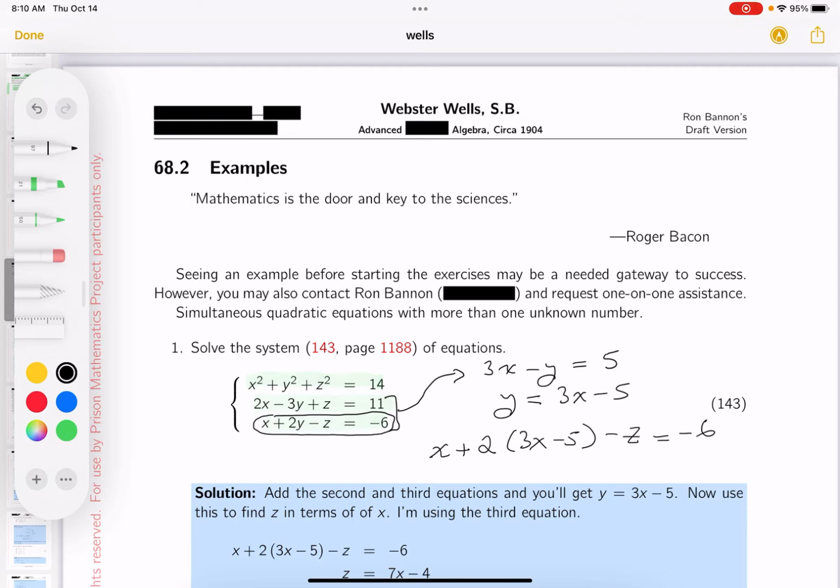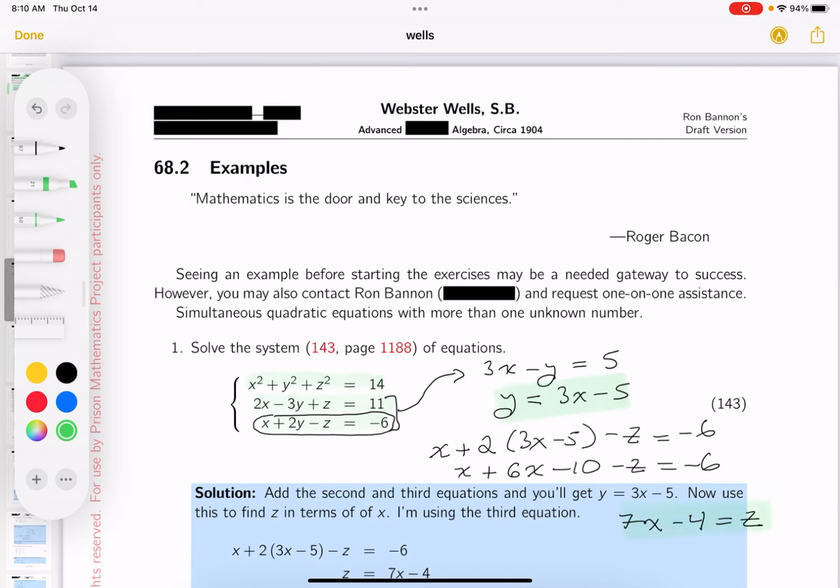And what do you get there? x plus 6x minus 10 minus z equals minus 6. You get 7x. I'm going to add 6 to both sides, so minus 4, and add z to both sides to get this. Now, this looks like it might help me. So I've got this, and I have this.